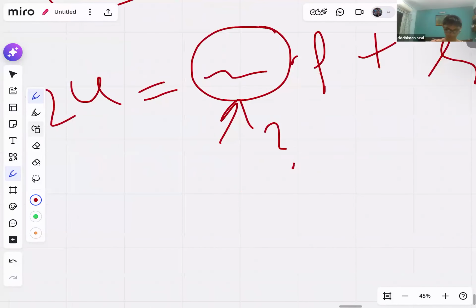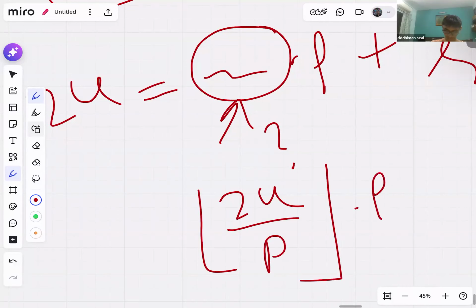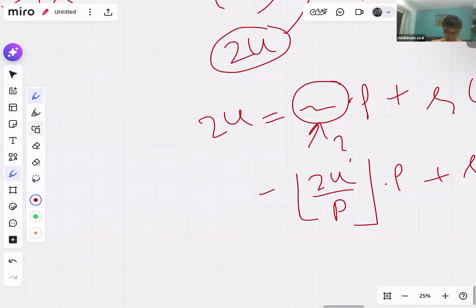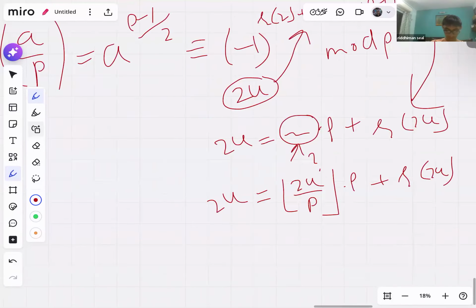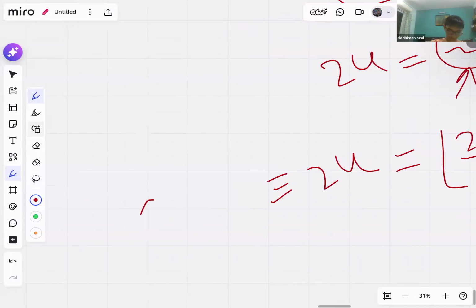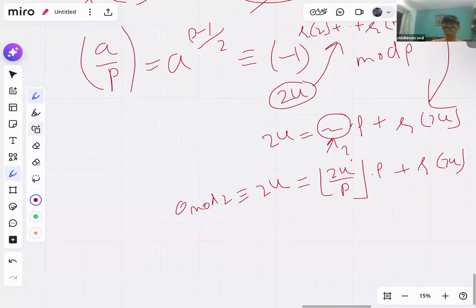Exactly. You get the floor of that. You have the floor of this thing times p plus R of 2u is equal to 2u. But this is sort of why we have evens, because this thing is 0 mod 2, right?